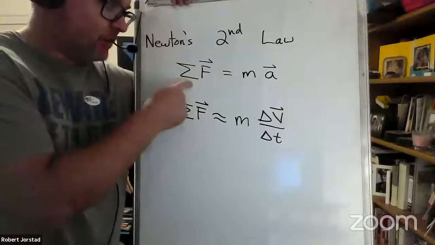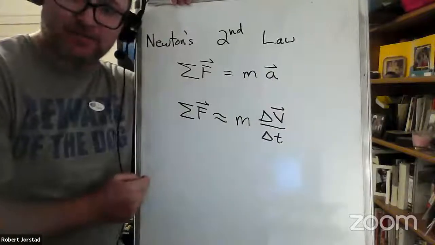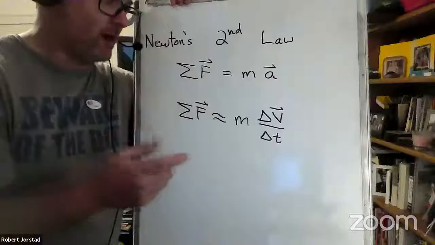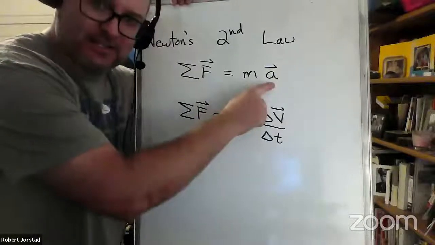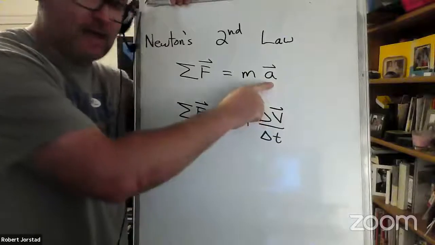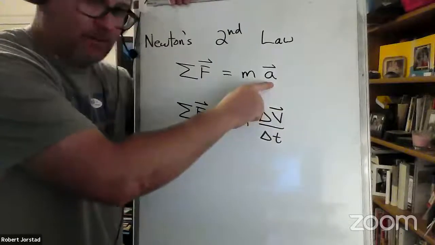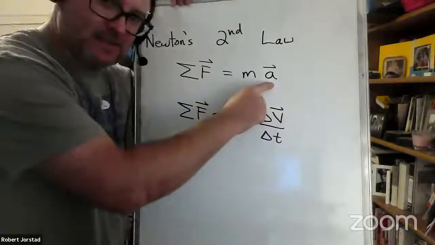And so there's two general ways we're going to work this. Well, I guess three. One way is you know the force and the mass, and you figure out the acceleration. As an engineer, you might think a little differently. You might say, I know how much acceleration I want out of my motorcycle or my frog or my Taco Bell burrito that I plan to throw at my children's face.